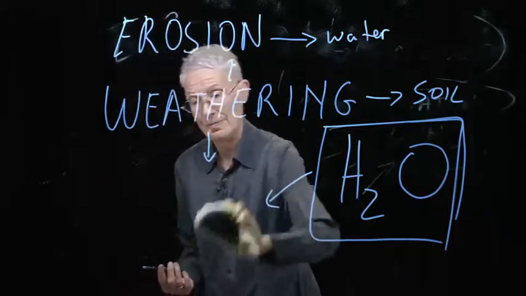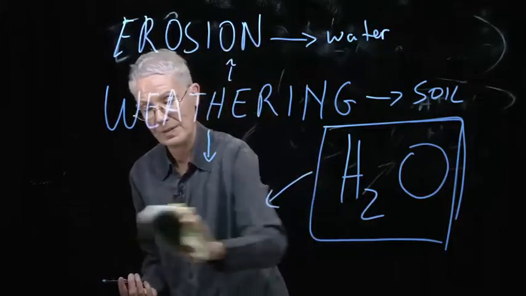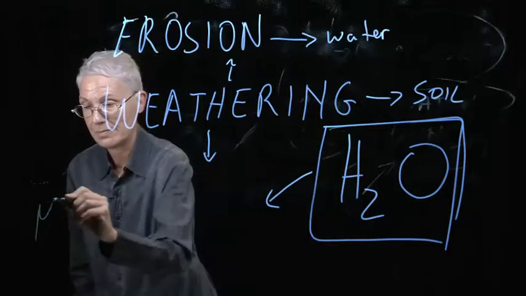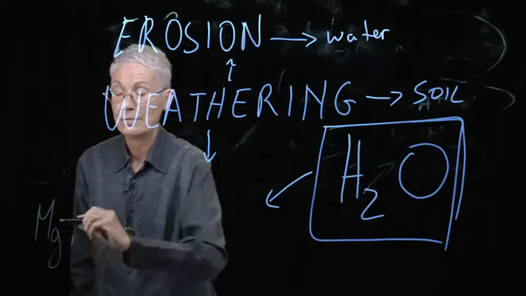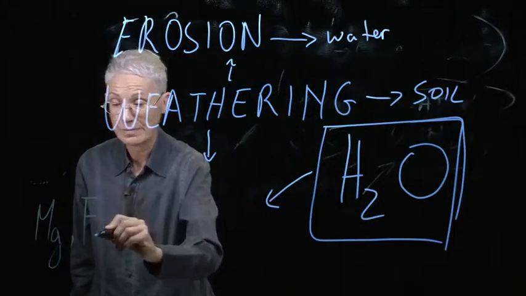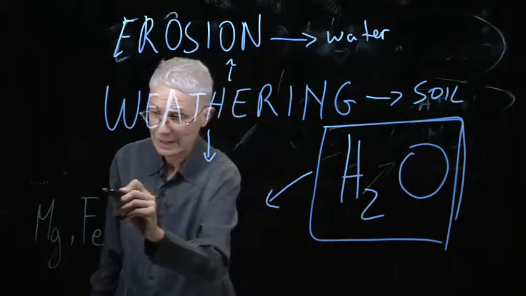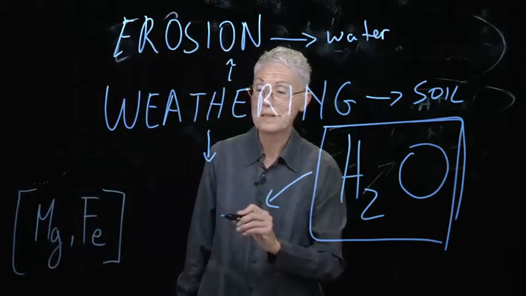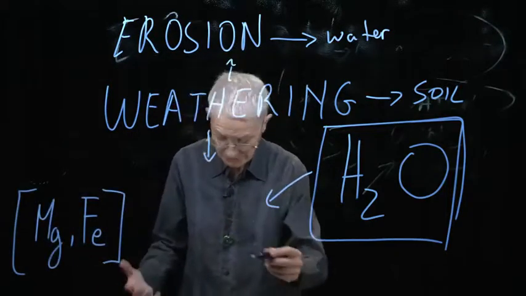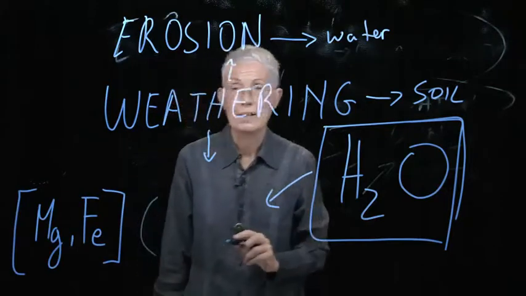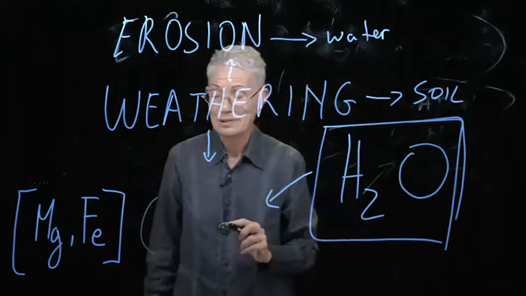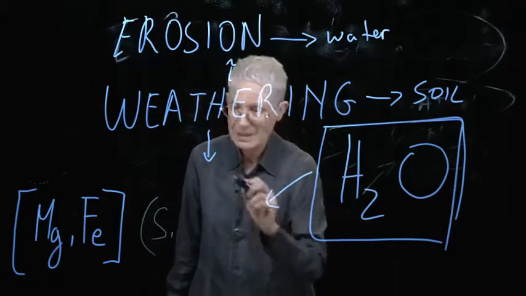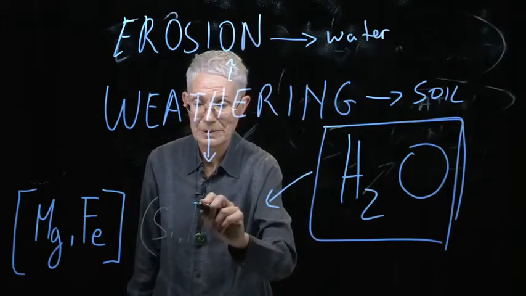So we still have magnesium. We still have iron. But now, clays are a lot more complex than a pyroxene, so I will have to balance the formula, but then we still have silicon. We also have aluminum on Earth.